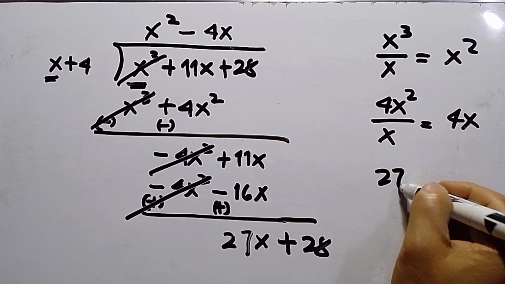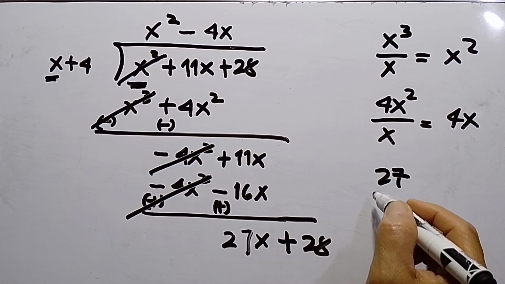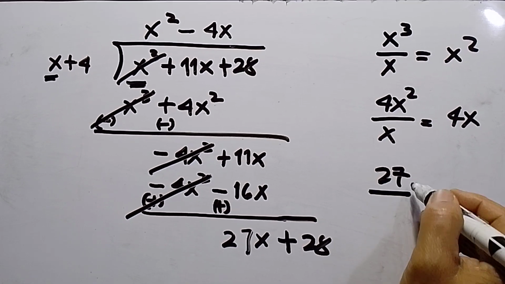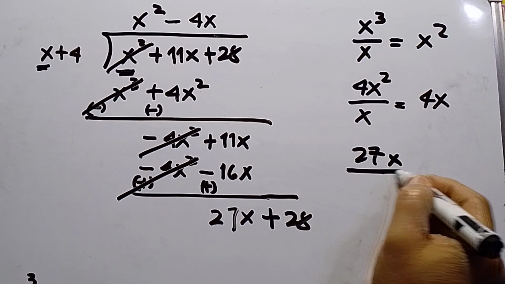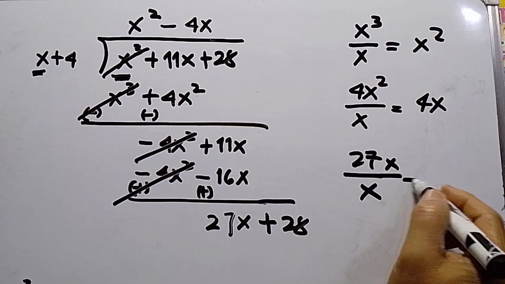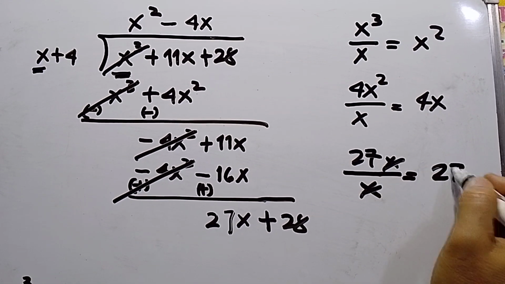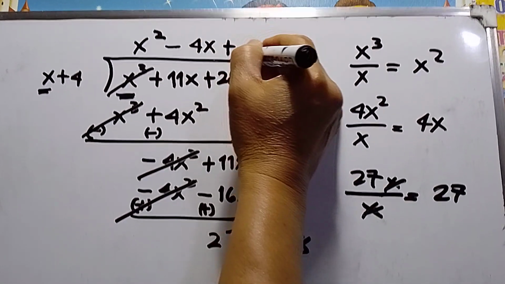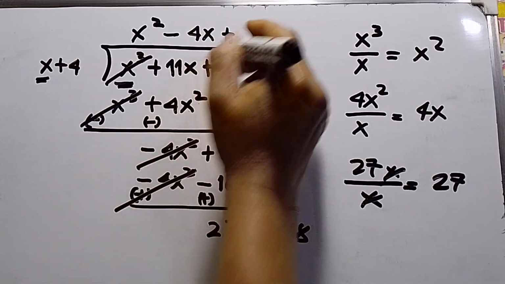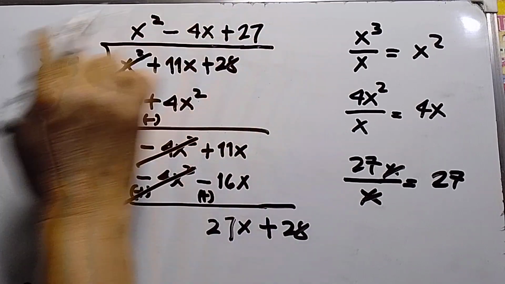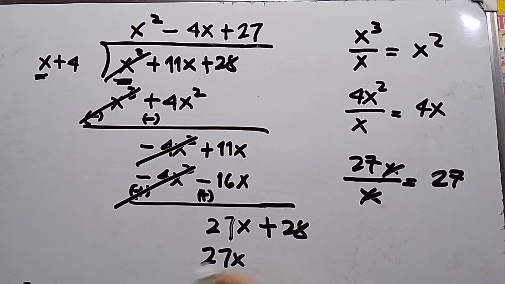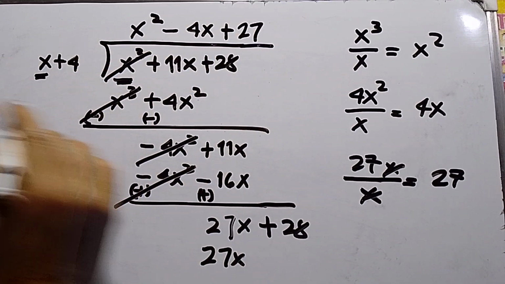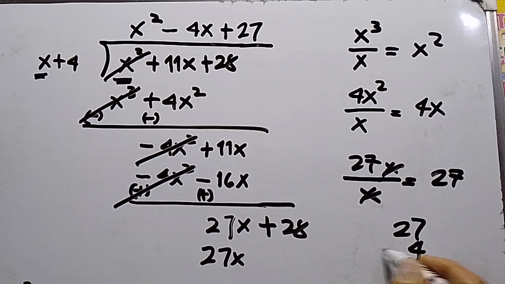Then divide again the first term of the new dividend by the divisor, which is x. So this will be crossed out. So I've got 27. Since this is plus, this will also be plus in here. So 27 multiply x, 27x. Then multiply 27 times 4.